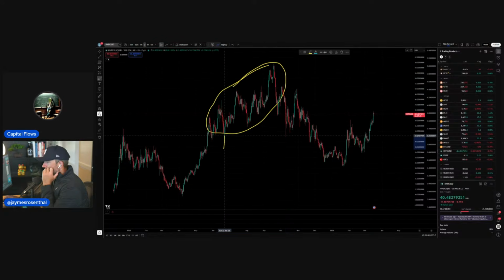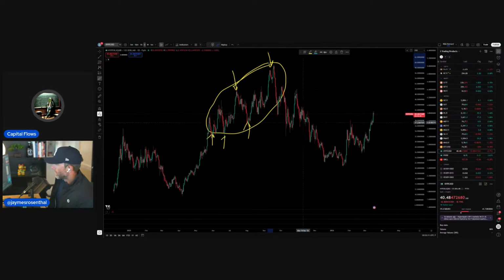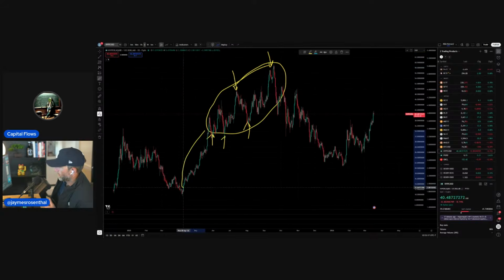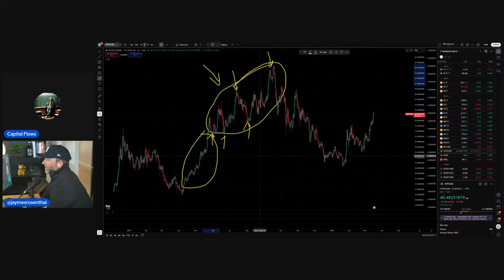Right here, you're going to get the most amount of fear and trolls every single time. Right here, you're going to get the most amount of euphoria no matter what. And the most important thing you can do is not think that it would be amazing if this trend worked, but you should prepare for this trend, right?